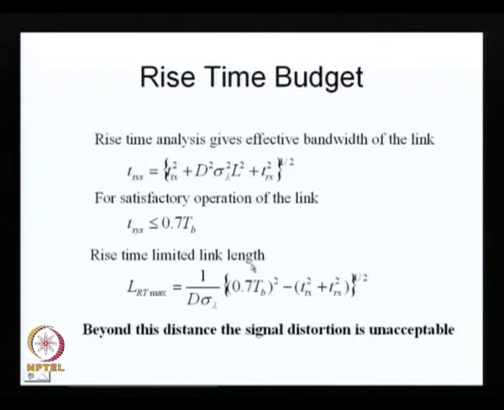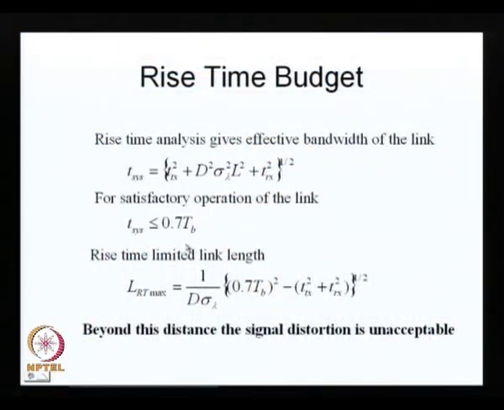Whereas, if we consider what are called return to 0 data, where 0 is indicated by no light, but 1 is indicated by a pulse of duration half the bit duration, then the effective pulse width will be half of TB, and the system rise time has to be 0.35 of the bit duration.